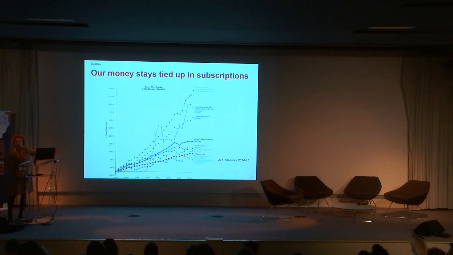So that's inflation, okay, since 1986. And the line at the top is the percentage increase in subscription expenditures, how much it costs to license subscriptions. It has risen disproportionately over the past 2 decades.